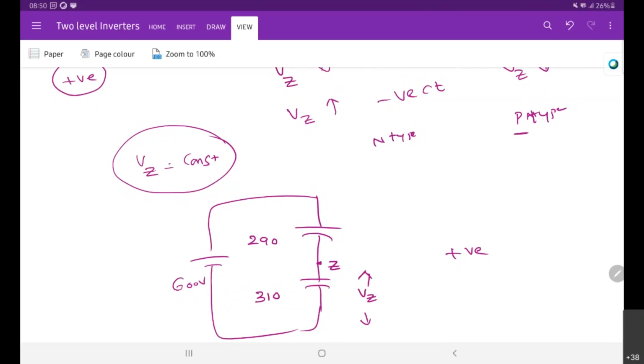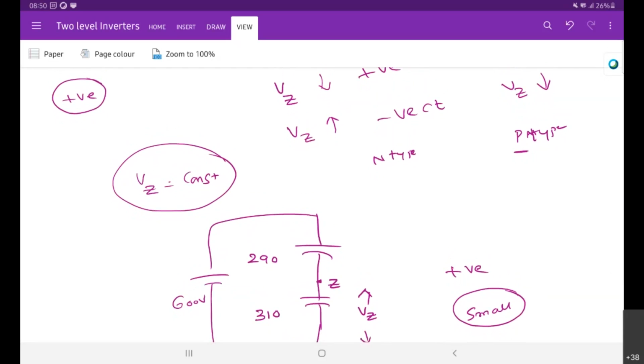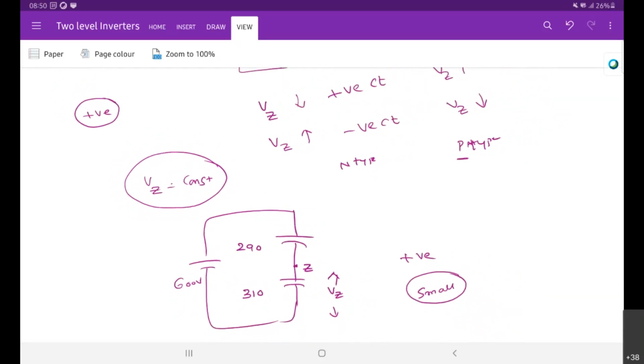Now, at a certain time, we observe that you need to apply some small vector. Among this P type and N type small vectors, which one do you prefer?